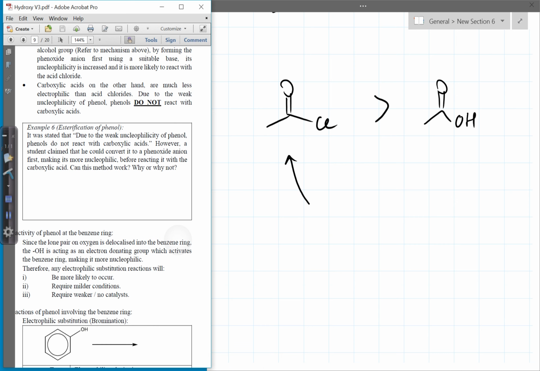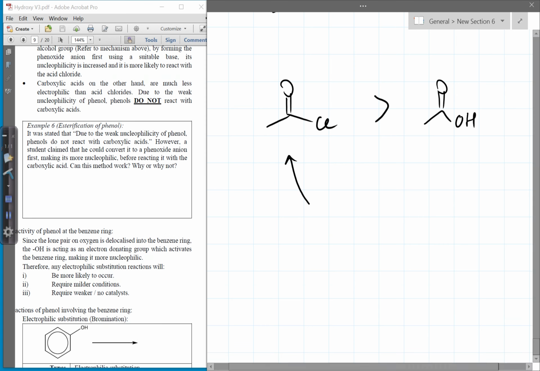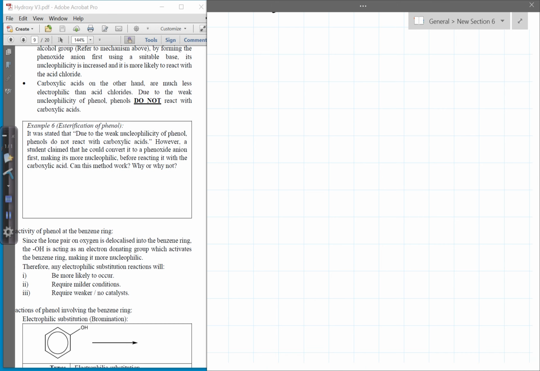So example 6, right? It was stated that due to the weak nucleophilicity of phenol, phenols do not react with carboxylic acids, but a student claimed that he could convert it to a phenoxide anion first, making it more nucleophilic before reacting with a carboxylic acid, right? So will this method work?